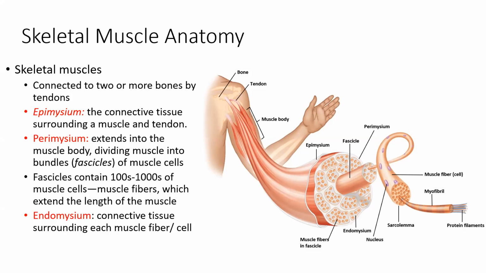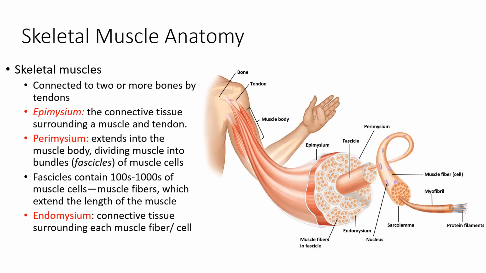There's lots of different sizes of muscles, but we've got anywhere from 100 to thousands of muscle cells located inside each muscle fascicle. And so the muscle fiber is really the single cellular unit of muscle. We can also consider the muscle fiber as the muscle cell.